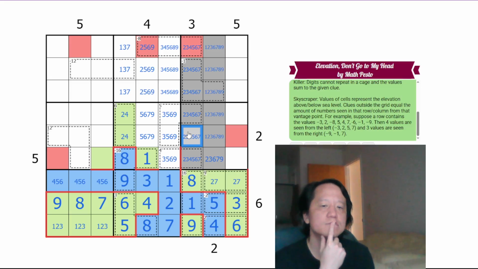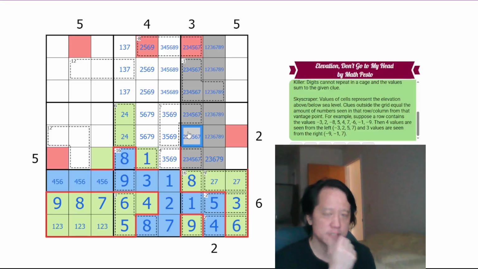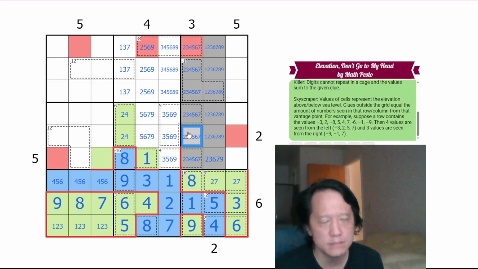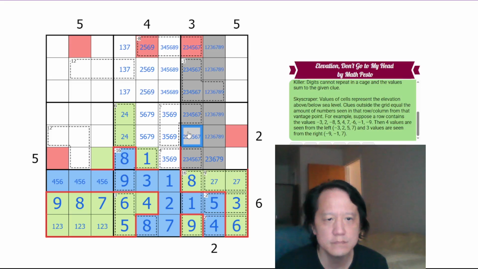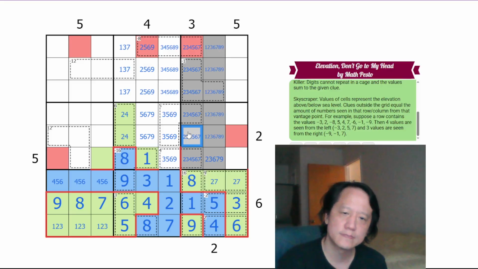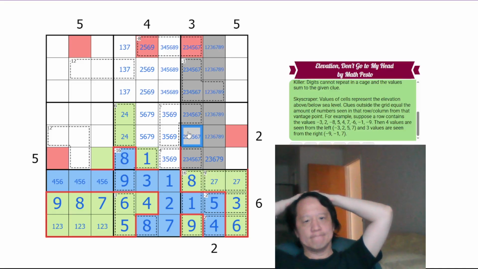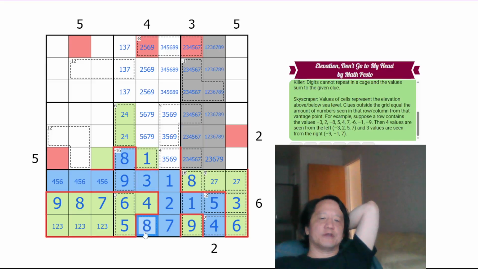What else do we know? It's obviously not going to see the -3 or the -8 here.